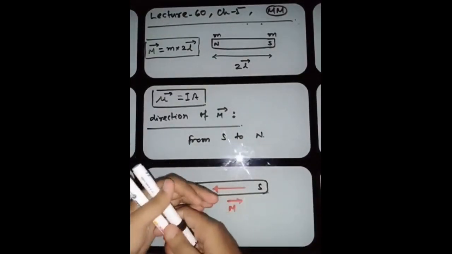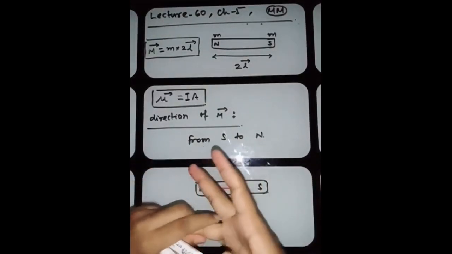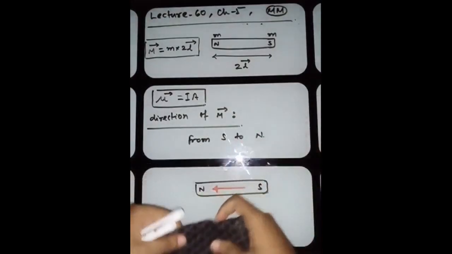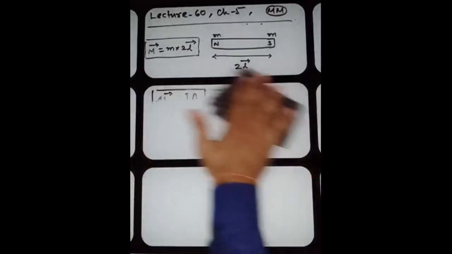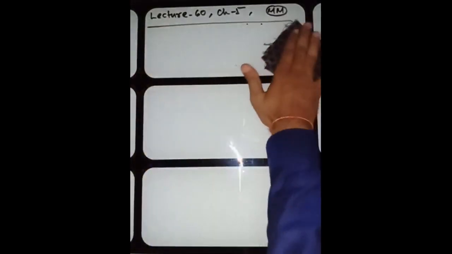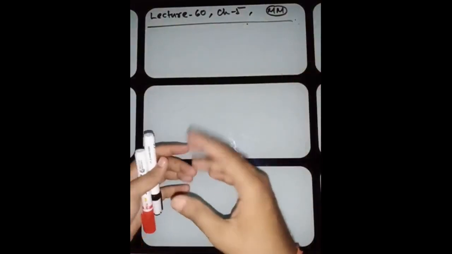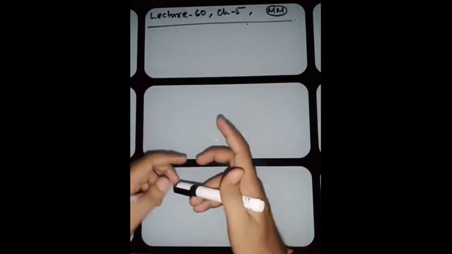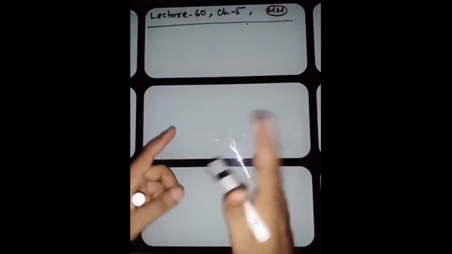Now we go to derive the magnetic field on the axis of a magnet. I hope you remember that we used to derive the mathematical expression for the electric field due to a dipole at the axial point and equatorial point.